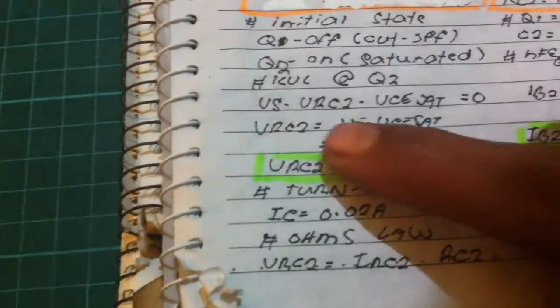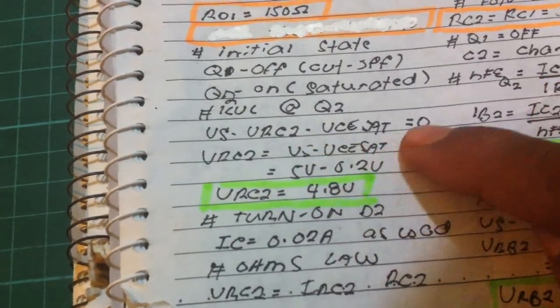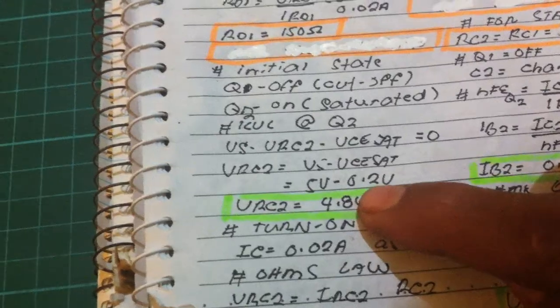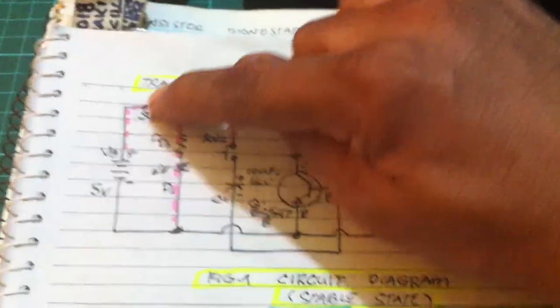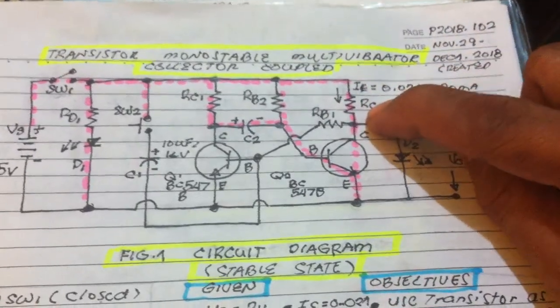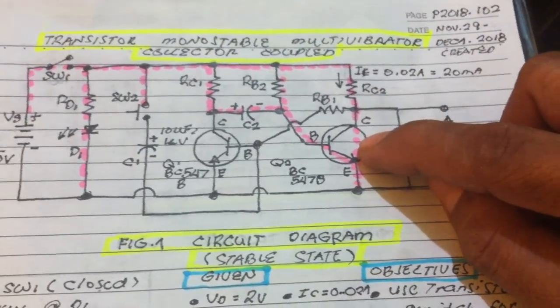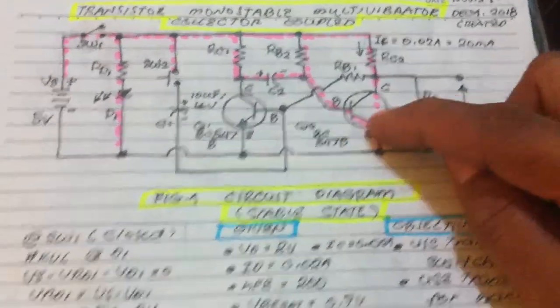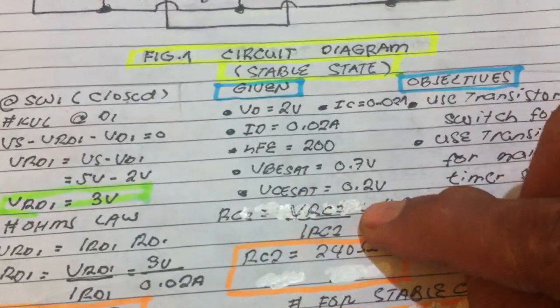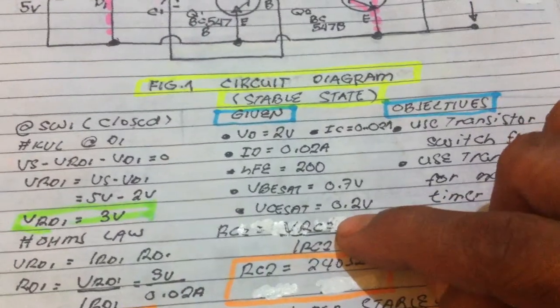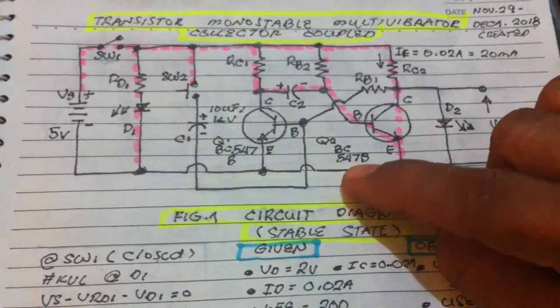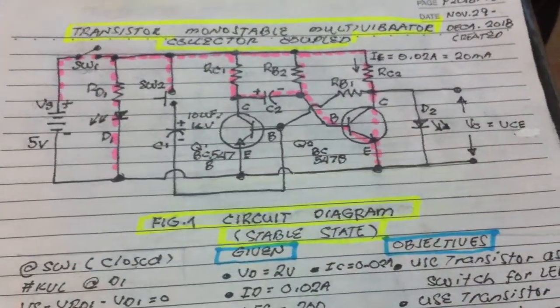KVL, transposition, substitution. Voltage supply minus the voltage drop at the resistor, minus the voltage drop at the collector to emitter, VCE at saturation, 0.2 volts. That is given in the datasheet of the transistor. Usually in silicon type it is 0.2 volts. So we are using the BC547B, silicon type.